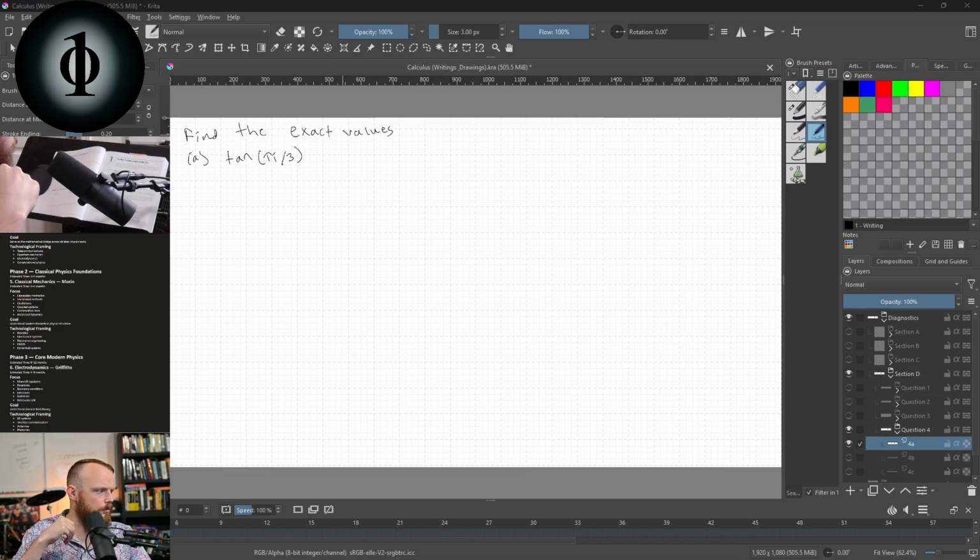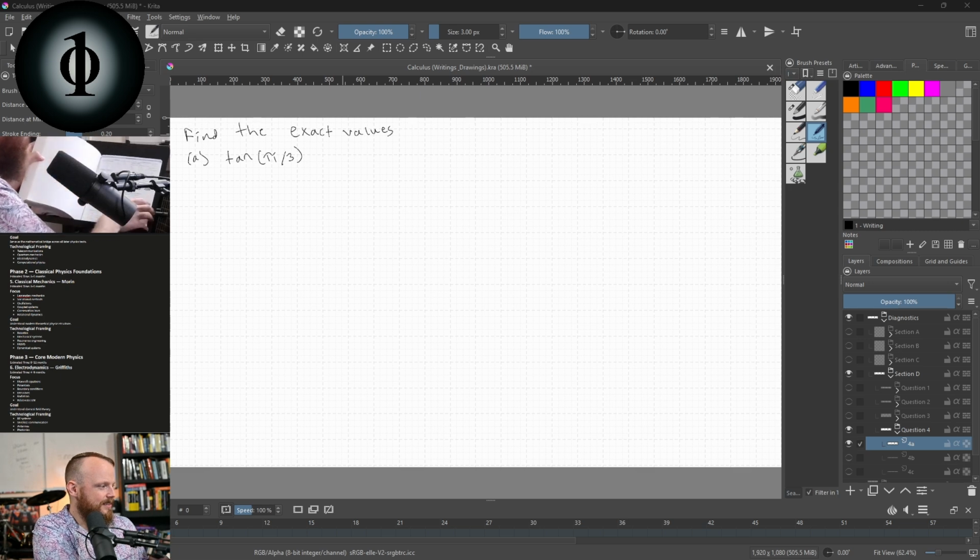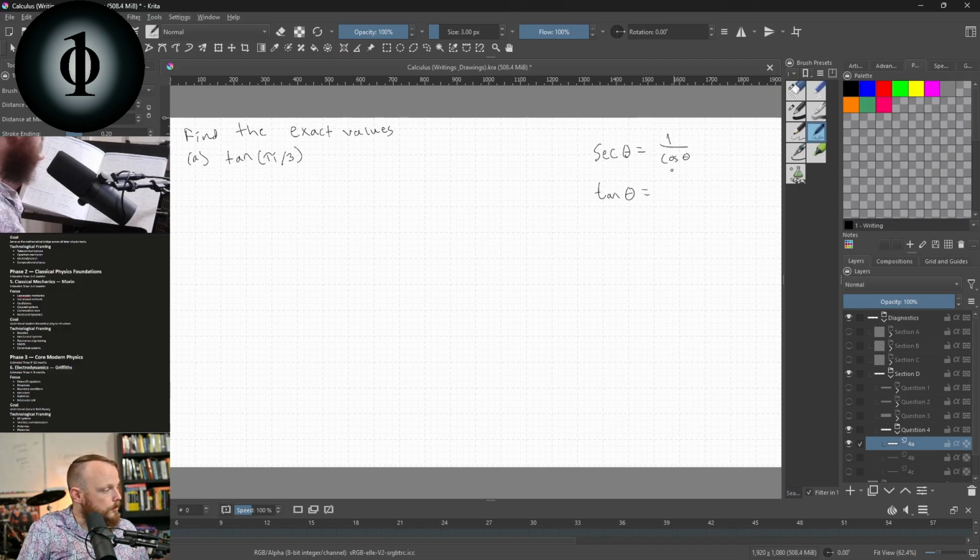So sine is what? I don't remember. I don't remember this stuff. Tangent is something like cosine over sine. Okay, so let's write these down really quick. Secant of theta is equal to 1 over cosine of theta. Oh man, I got a lot to remember. Tangent of theta is equal to sine over cosine. Oh yeah.